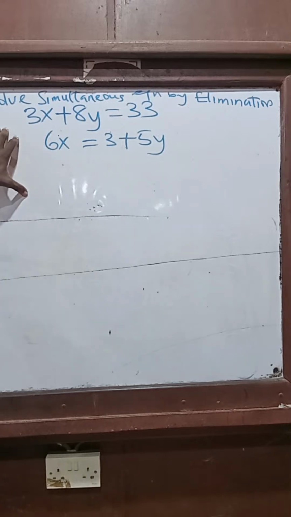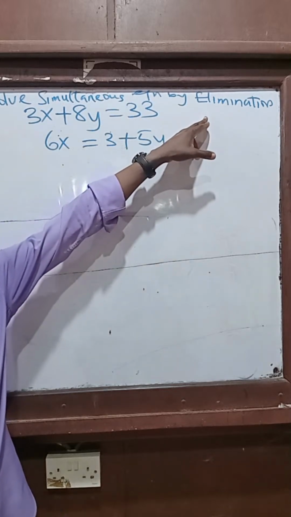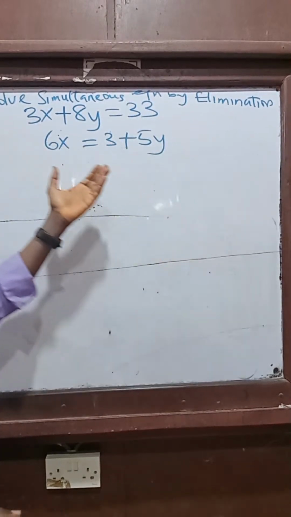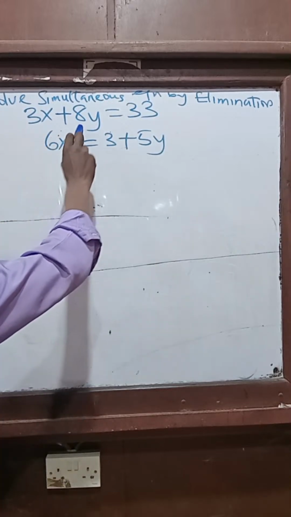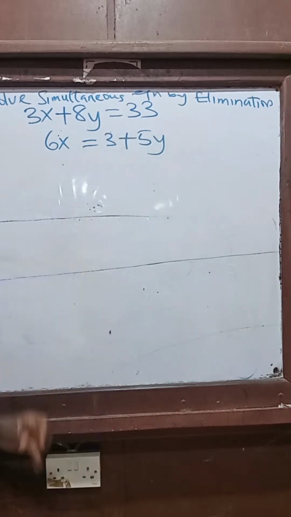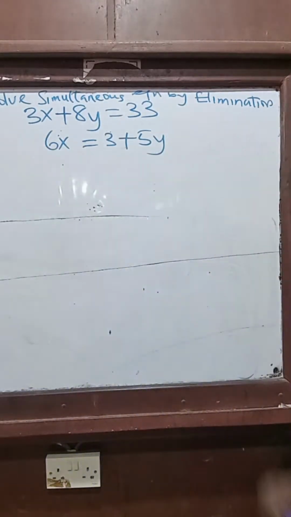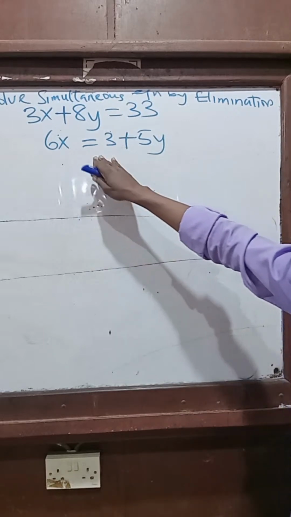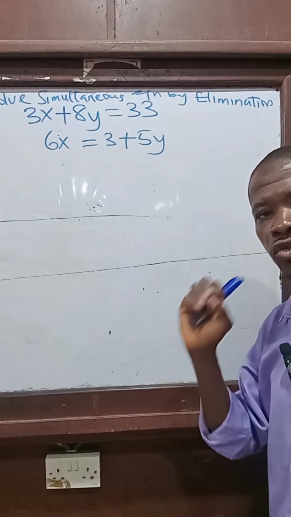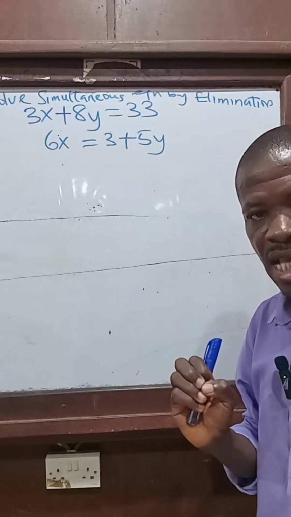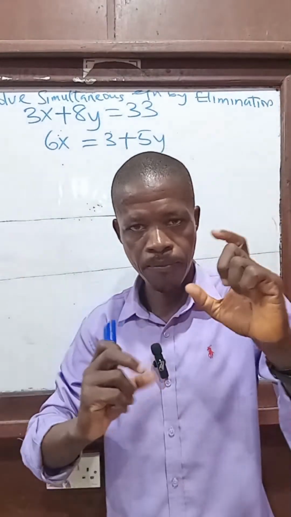Solve this simultaneous equation using the elimination method. Look at the equations we have. 3x plus 8y equals 33. And the second one, 6x equals 3 plus 5y. What we're going to do first is to make the equations be of the same form.